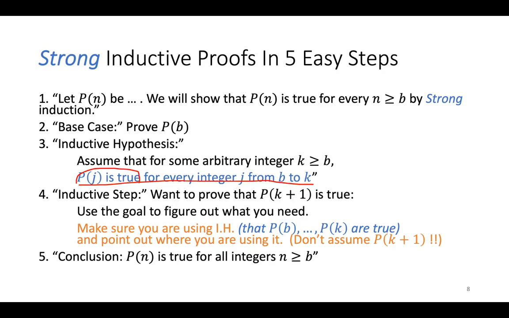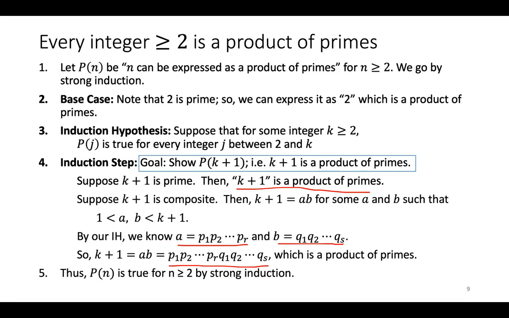So then you can prove P of k plus 1 using that. Then finally, you will conclude your claim is true or not. So this is one example using the strong induction.